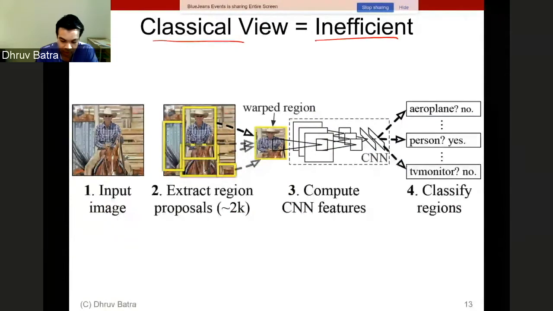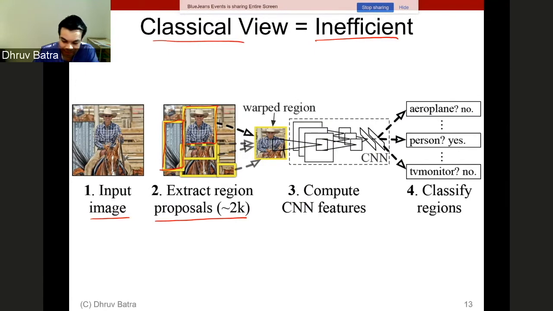One of the classical ways of converting an image classification problem into a detection problem is this sort of pipeline, where we take an input image and extract region proposals, which are bounding boxes in the image that may potentially contain an object.